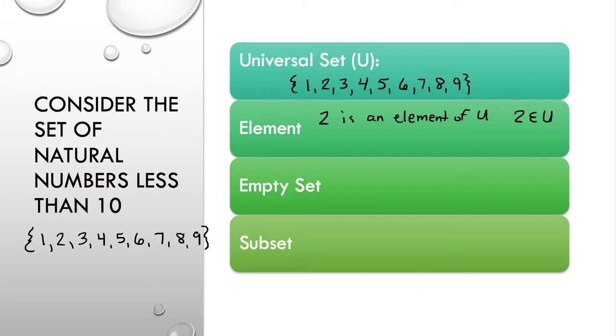Now, what about something like, say, 15? Would you say 15 is an element of set U? Keeping in mind that our universal set in this example is the natural numbers less than 10. So no, 15 is not an element of that universal set.